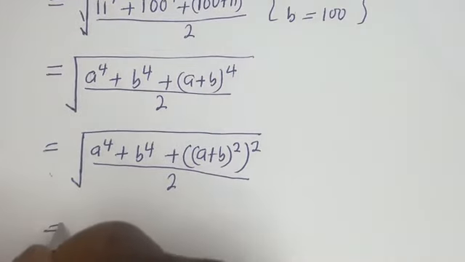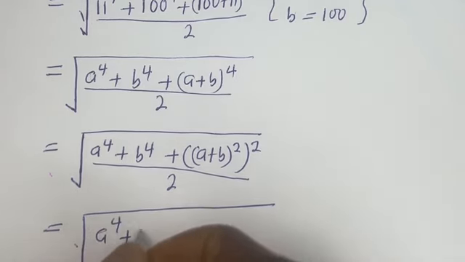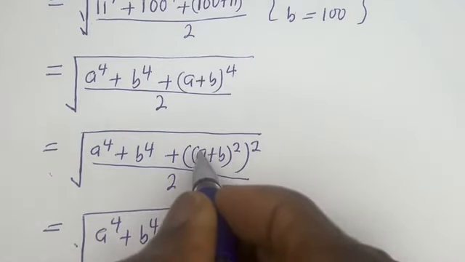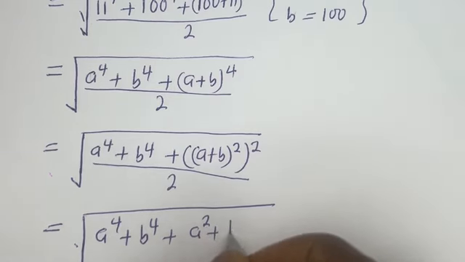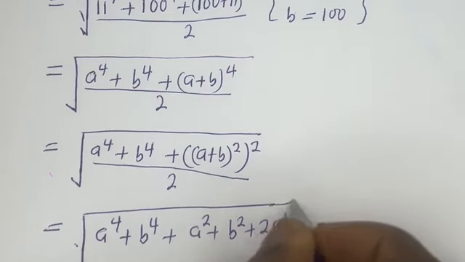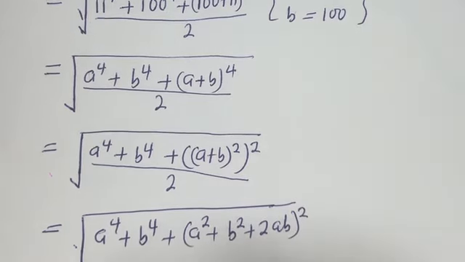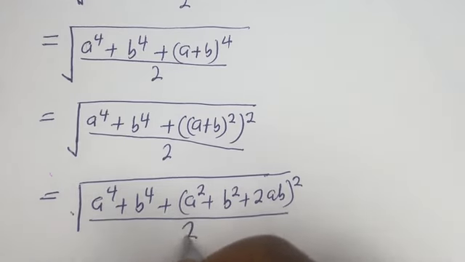Then this is equal to square root of A to the power of 4 plus B to the power of 4 plus, if we expand A plus B squared, we have A square plus B square plus 2AB, then all squared, everything divided by 2.